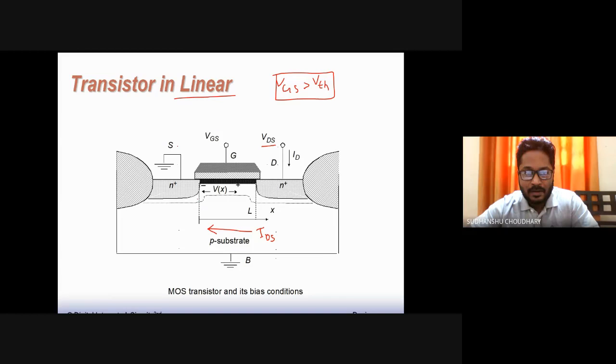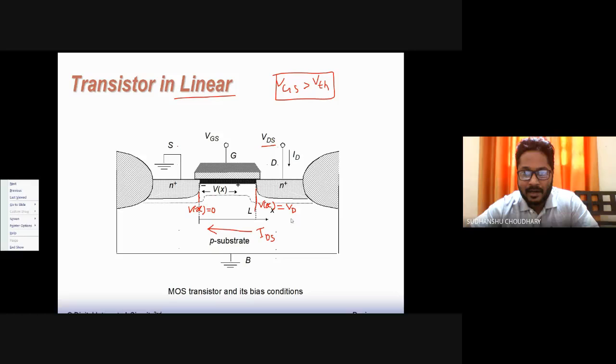For example, at this point the value of Vx would be equal to 0, and the value of Vx at this point, that is the channel potential at this point, would be equal to Vd, that is the applied bias at the drain.